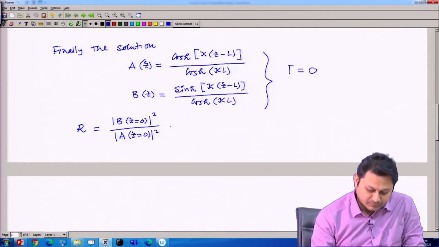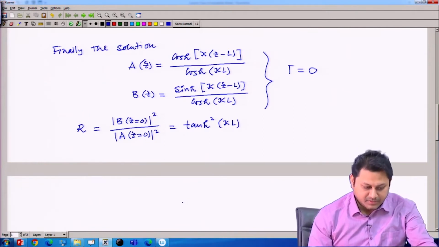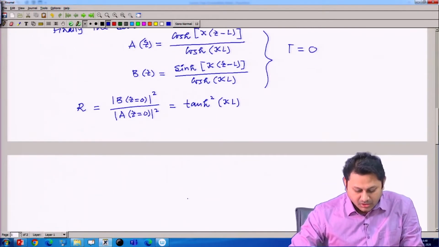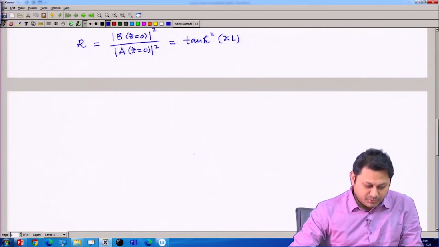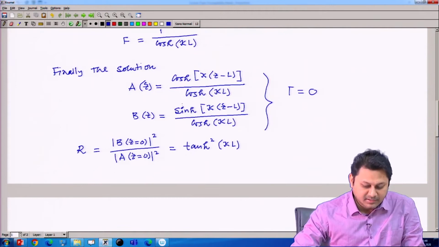This value was tanh squared of kappa L. This is the peak reflectivity we have under the phase matching condition. Well, today we are going to plot further. So, we have A(z) as cosh of kappa (z minus L) divided by cosh of kappa L, and B(z) is sinh of the same. This is the evolution of A and B.